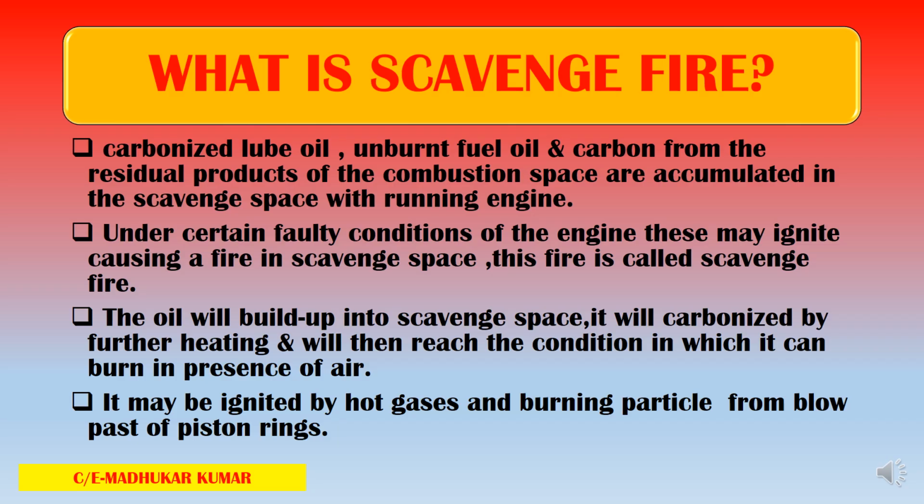This is the basic fuel requirement if we see the fire triangle. Under certain faulty conditions of the engine, these may ignite, causing a fire in the scavenge space. When this fire occurs, it is called the scavenge fire.